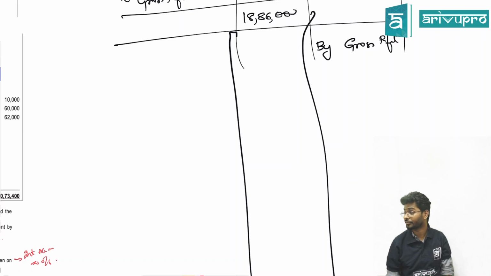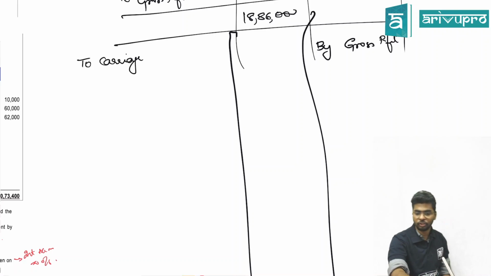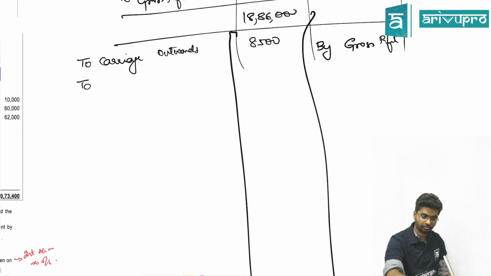Salaries. What is the first one? Freight outwards. To carriage outwards, how much? 8,000. Next one. How much?